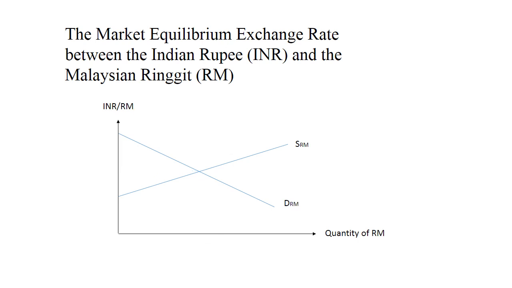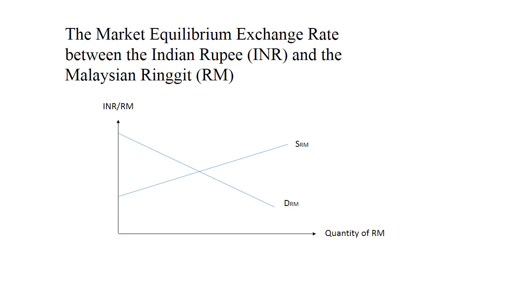Just now you looked at the perspective of ringgit Malaysia per Indian rupee, but in this case we are going to look at the perspective of Indian rupee per ringgit Malaysia. It means that 1 ringgit Malaysia is equal to how much Indian rupee.